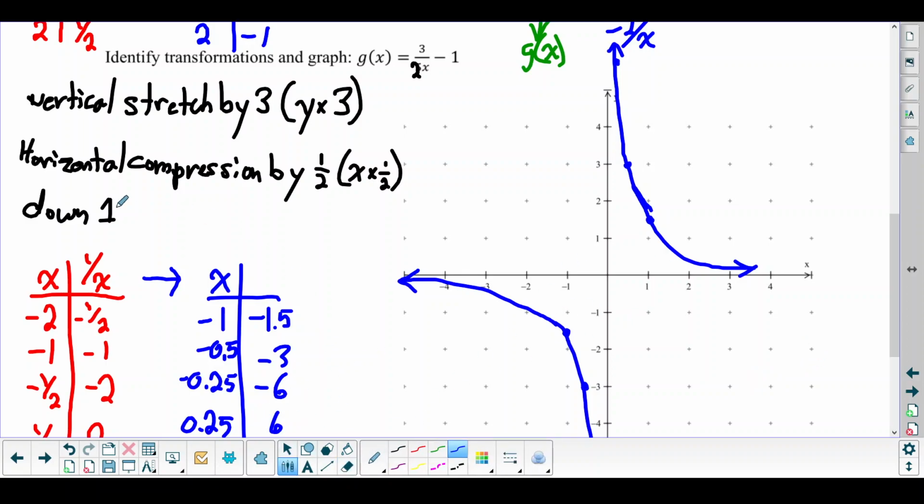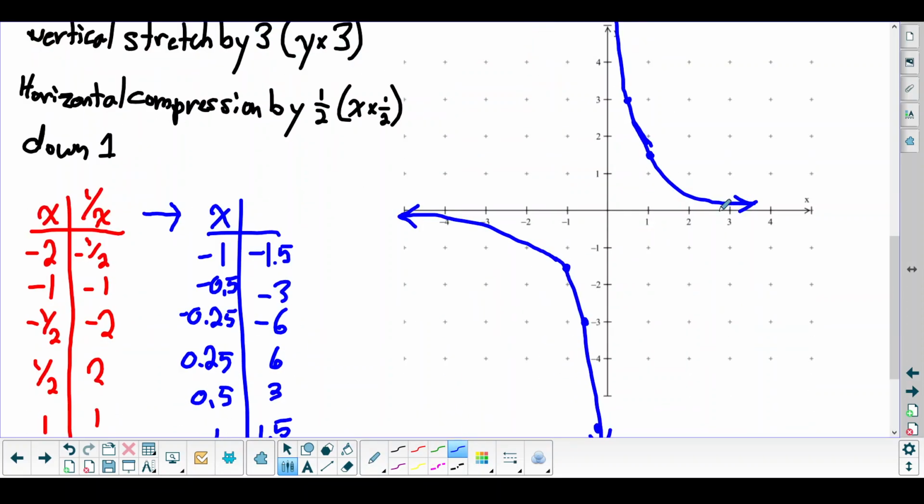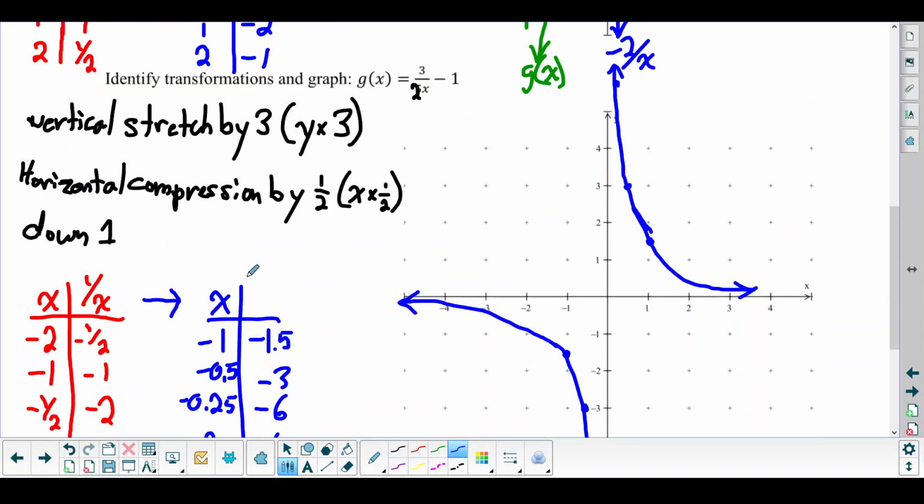Okay, so now we just need to do down 1. So let's move our asymptote first. Well, let's label these real quick. So this is 3 over 2x. So that's 3 over 2x.